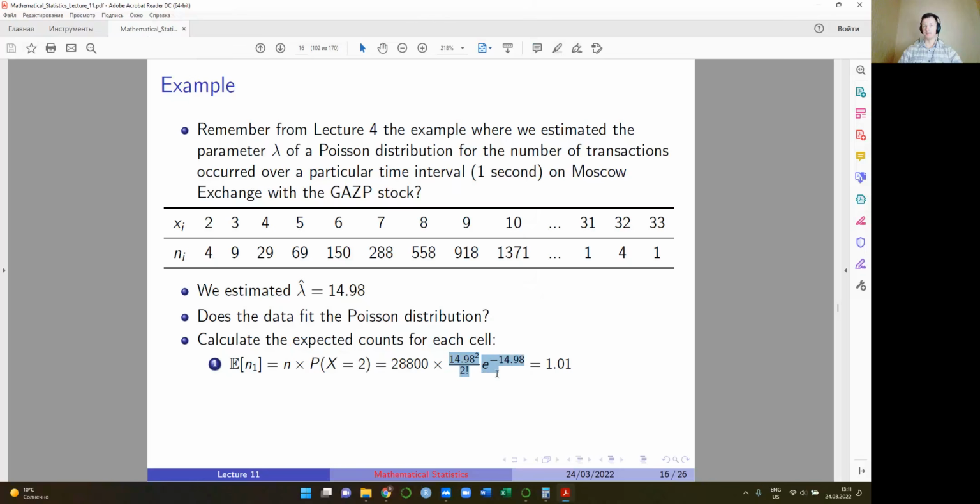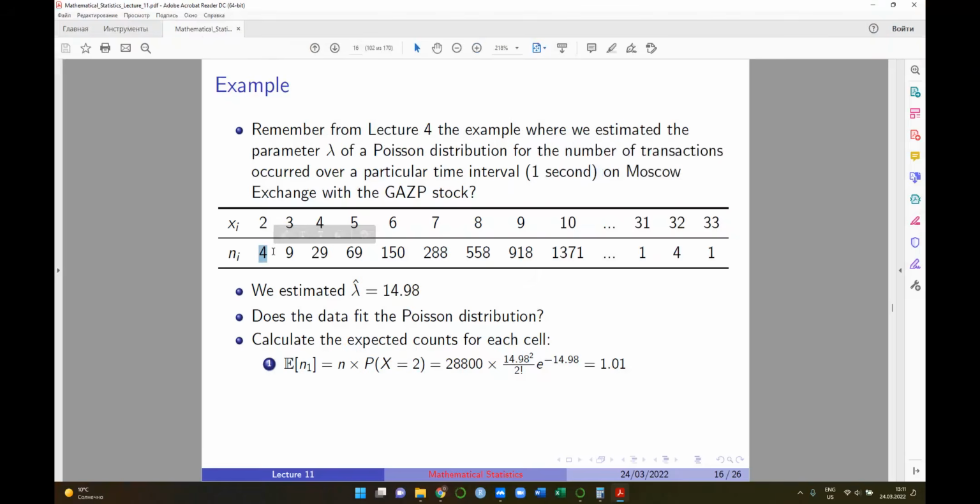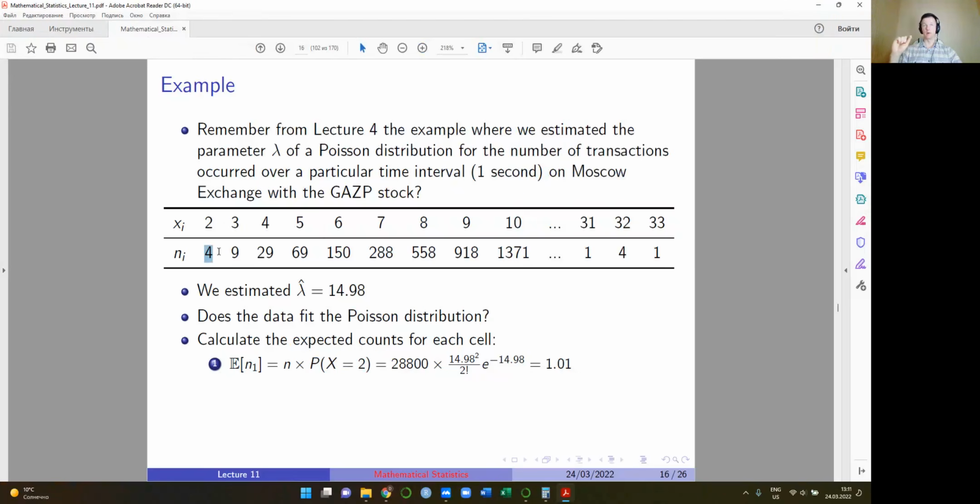We calculate the probability that x equals 2 with the help of the probability mass function, and then the expected count for cell number 1 is going to be 101. So we observe 4 seconds when only 2 transactions occurred, but we must expect 101 seconds when 2 transactions occurred.